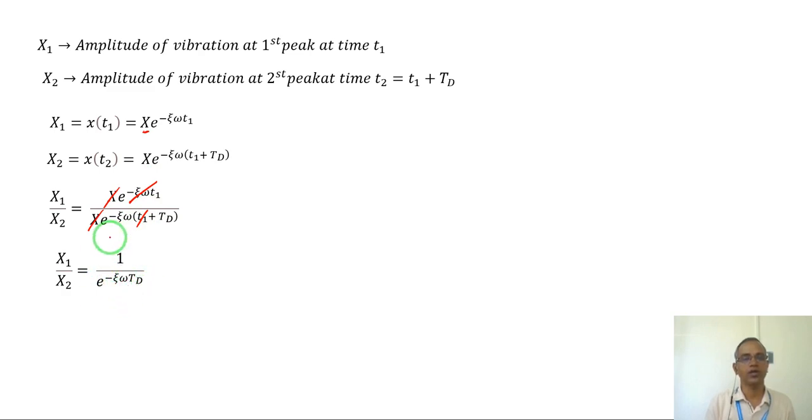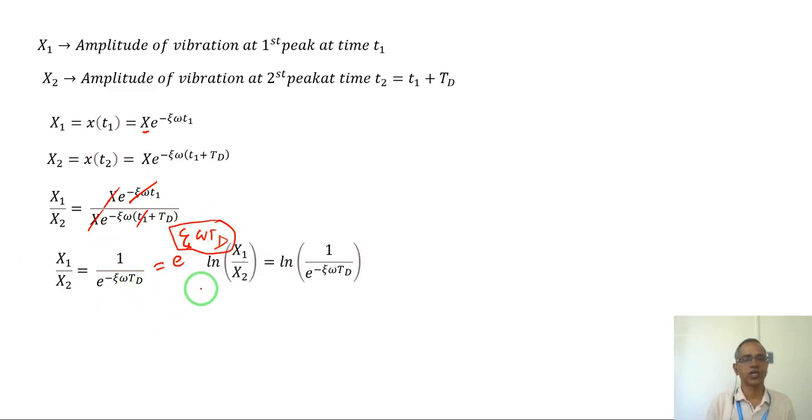If I take the reverse, it becomes e power plus xi omega Td, and to find this I have to take a natural log.